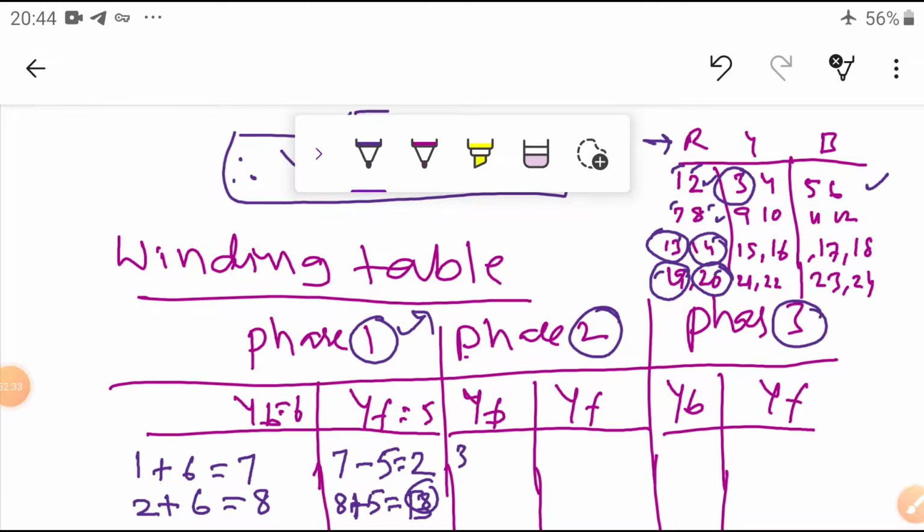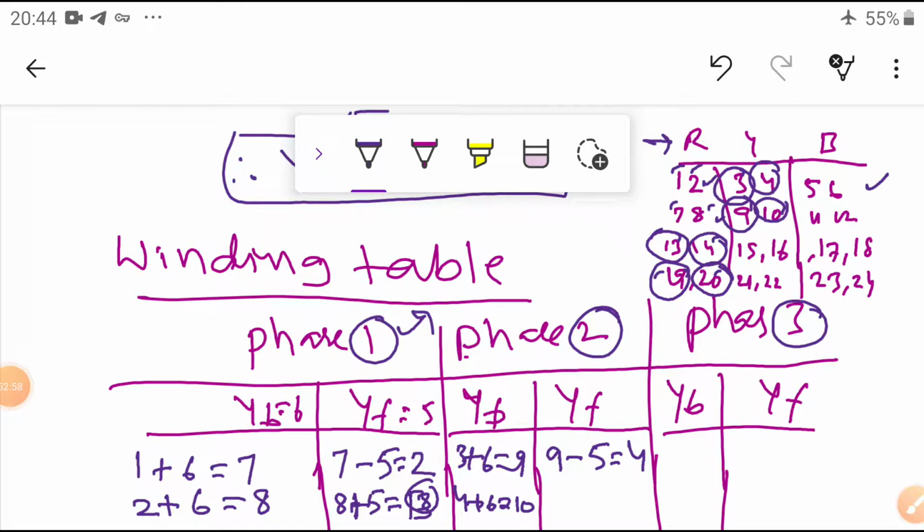I start at 3 plus the back pitch of 6, I go to the 9. Yes, so the 9 is mine. Okay, so 9 minus 5, what is the value? 4th. So, the 4th is also mine. Next, 4 plus 6, 10. Yes, the 10th is also mine, belonging to the Y phase.